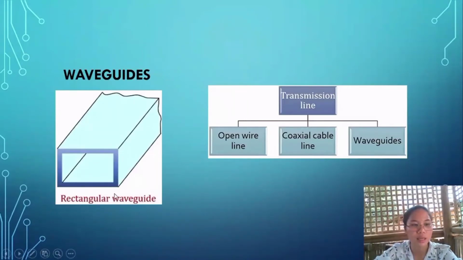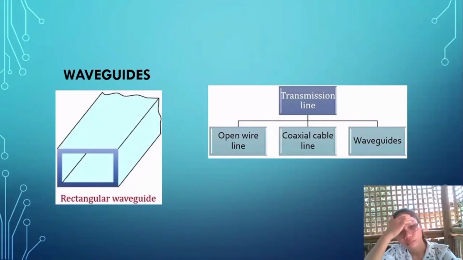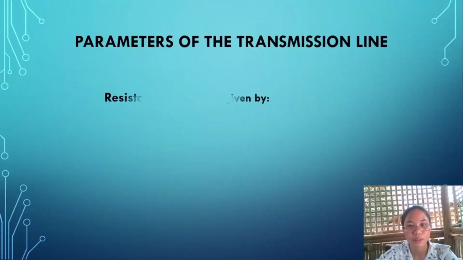These are basically hollow conducting tubes, and they somewhat resemble coaxial cables, but they differ in shape: the waveguide is rectangular while the coaxial is circular. Also, coaxial has a center conductor inserted, but a waveguide has nothing in the center. So that is waveguides.